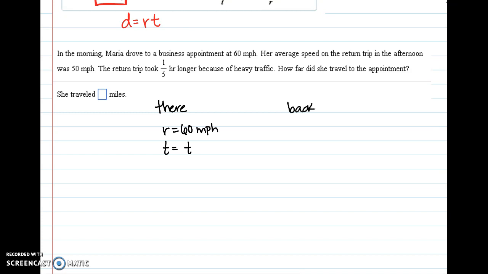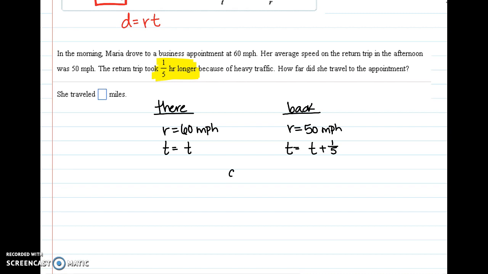On the way back, her rate was 50 miles per hour, and again we don't know how long it took her, except that it took her 1/5 of an hour longer. Not 1/5 of an hour total. It took her t hours on the way there, and t plus 1/5 hours on the way back.